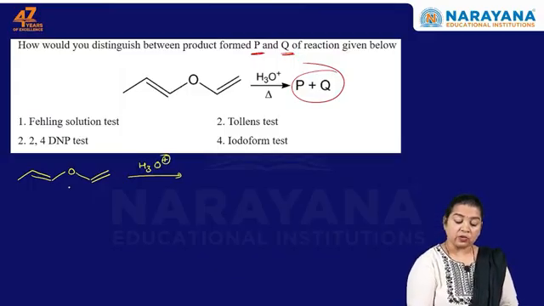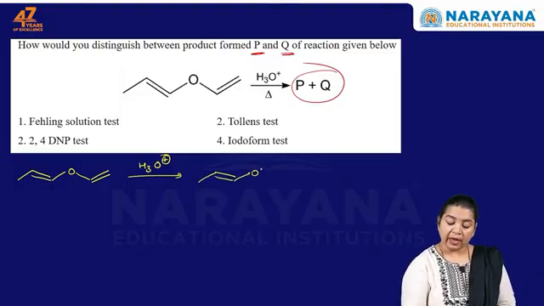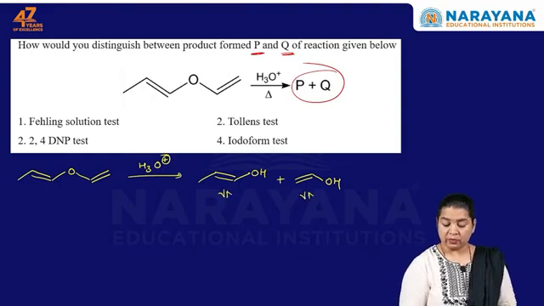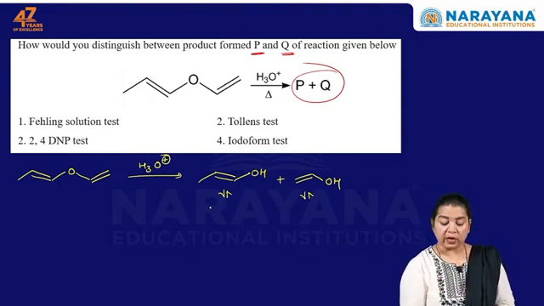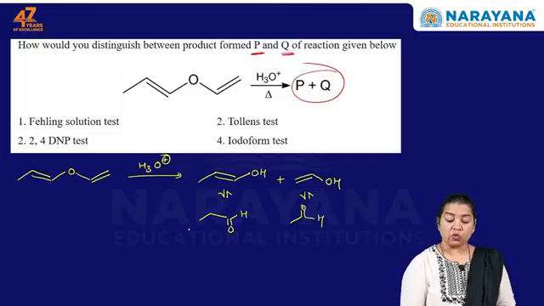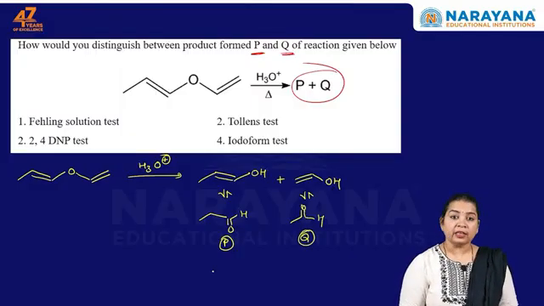So hydrolysis of such ethers, when done, I can obtain, though this is not so appropriate in terms of mechanism, right? When you have advanced preparation, you will find the exact mechanism on our channels. Go through them if you want to know in detail. So what are my P and Q? One is propanol and other is ethanol.